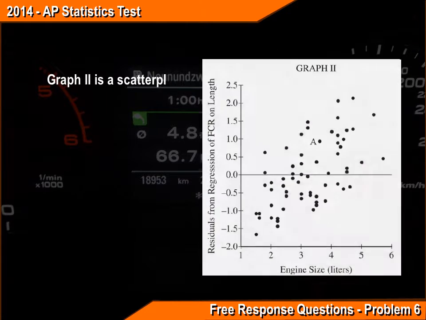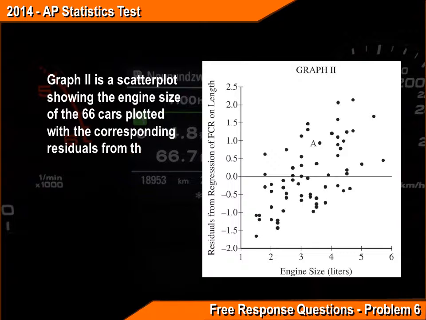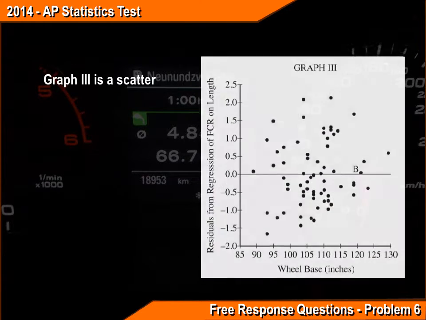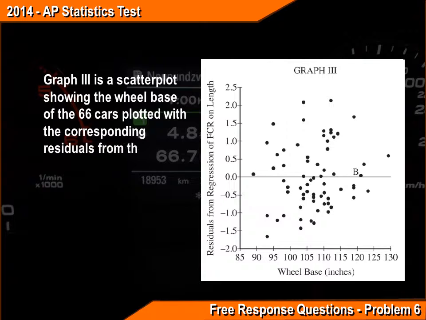Graph 2 is a scatter plot showing the engine size of the 66 cars plotted with the corresponding residuals from the regression of FCR on length. Graph 3 is a scatter plot showing the wheelbase of the 66 cars plotted with the corresponding residuals from the regression of FCR on length.